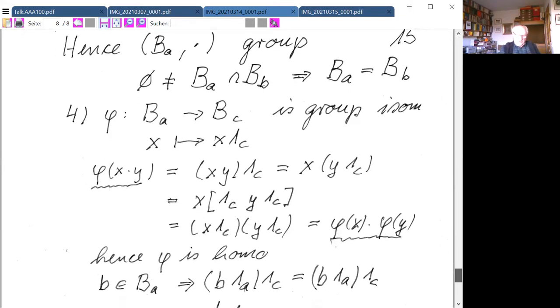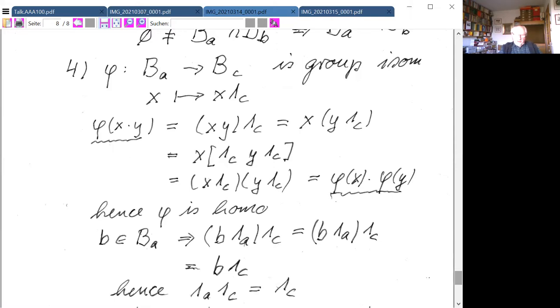For x, y, this is x·y·1_C, and well, we can insert this 1_C, and so we have this simple condition of homomorphism. Phi is a homomorphism.